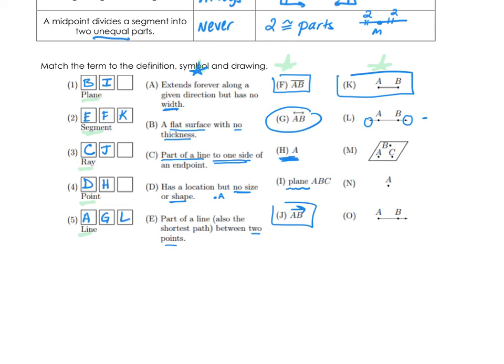M is a plane, it's drawn there for you, so that'll be M. Okay, so used up all those. N, that's pretty easy, that's a point, just point A. And finally, notice that that arrow is going off in one direction. That's a ray. So there it is.